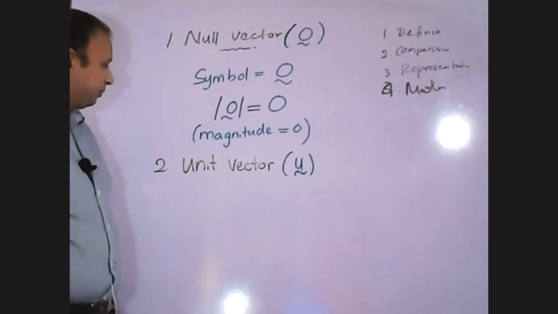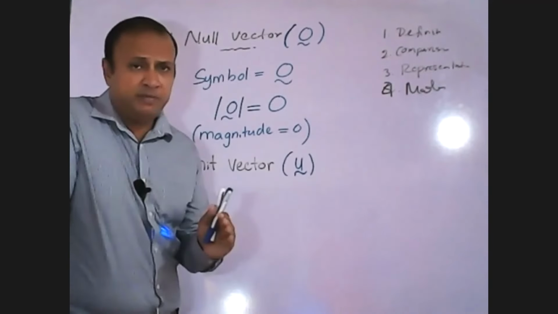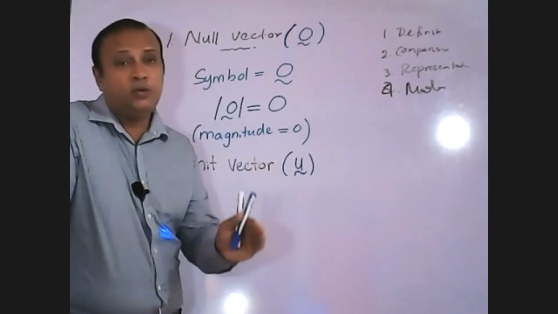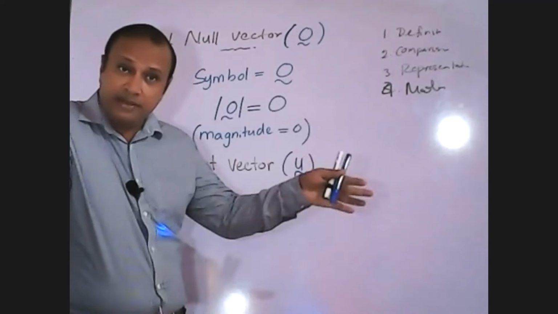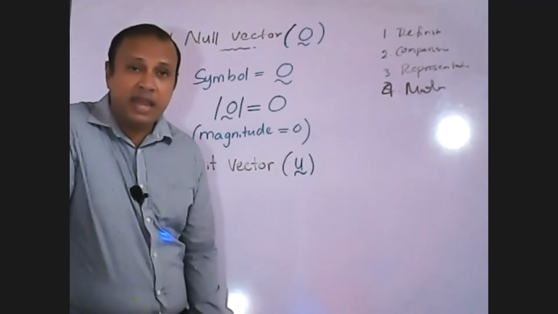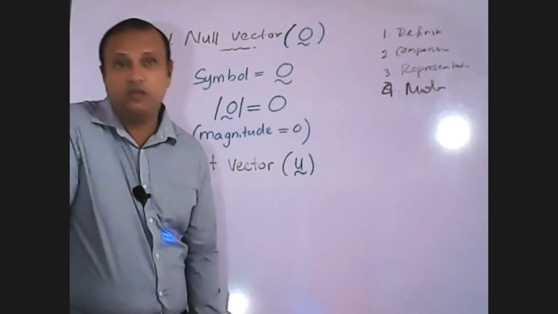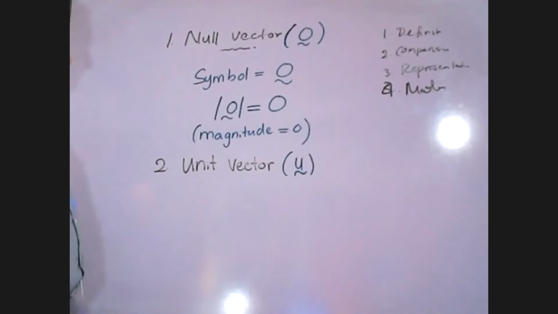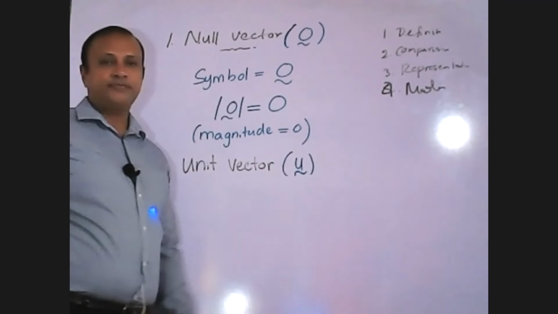Unit vector means if the magnitude of a vector is equal to 1, it is called a unit vector. The symbol is U.